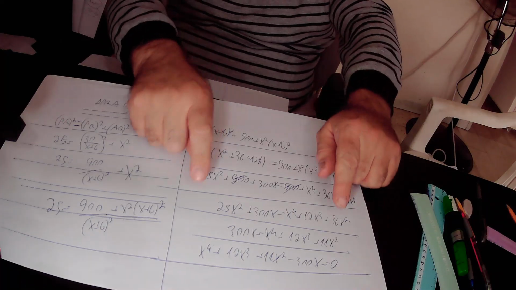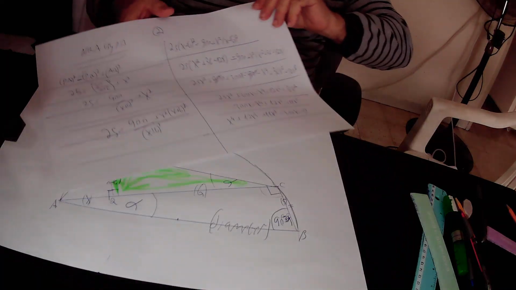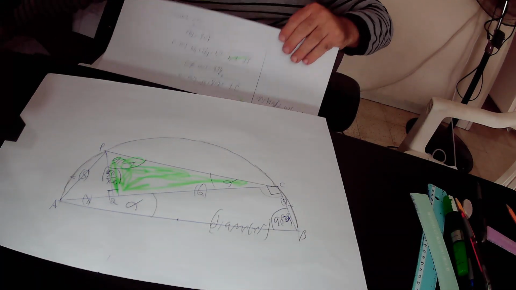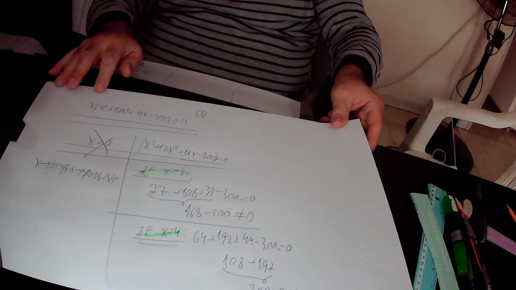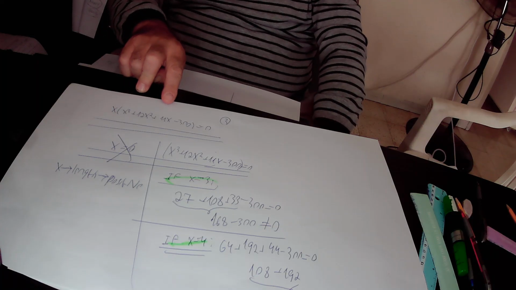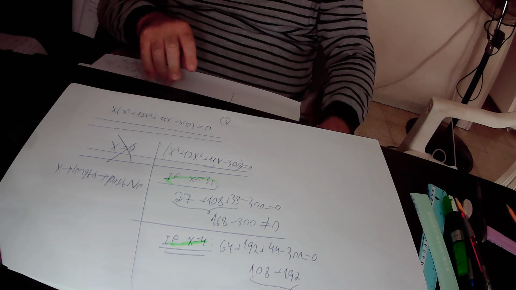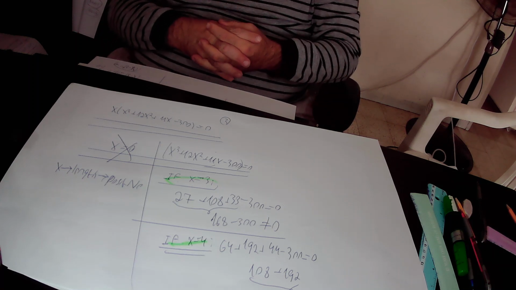Here we took out x as a common factor from this expression, so inside the brackets we are left with x cubed plus 12x squared plus 11x minus 300 equals 0. So this equation has two solutions.